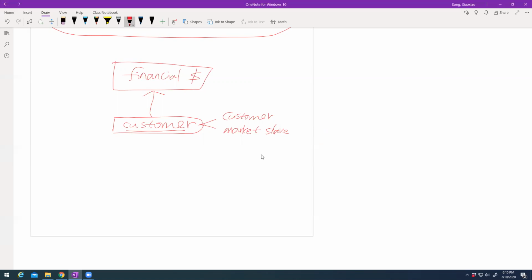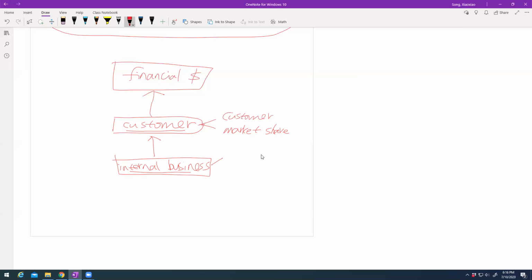If you have bad service, bad innovation, do you think your customers will be happy? No. We only have good customer satisfaction if we do a good job for our internal business, right? We only will have our customers happy if we do a good job for our internal operation, for our innovation, for our after sales customer service.